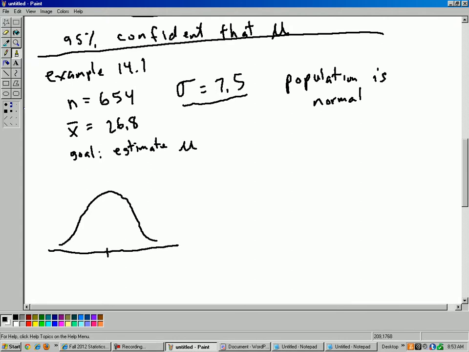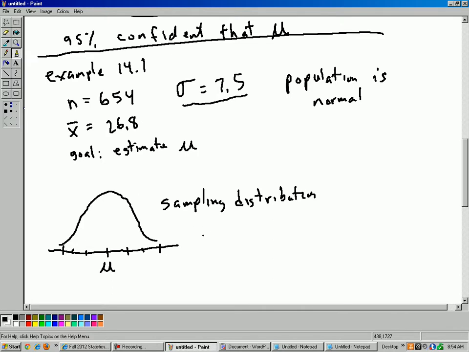So in the middle of our sampling distribution, let's write sampling distribution here. So this is all the possible x bars. Okay, so we don't know, I'll just use the symbol mu there. But what we do know is we have information about the standard deviation of this sampling distribution, because if you go up 3 standard deviations, down 3 standard deviations, each standard deviation is sigma over square root of n.